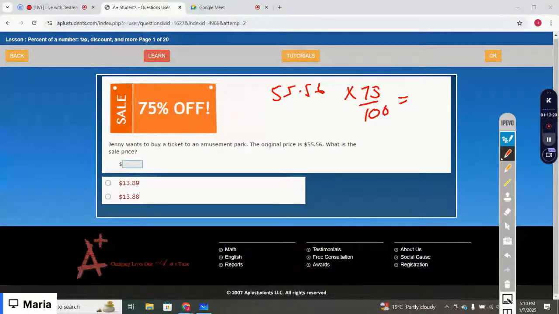That is 41.67. So that means that is the discount.